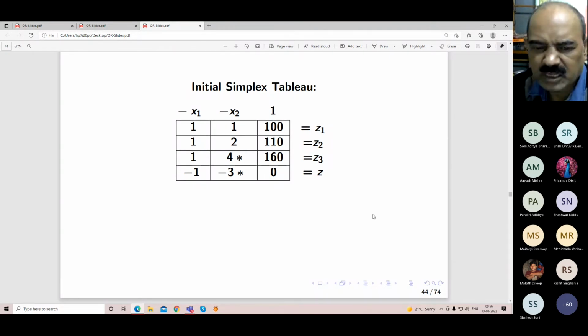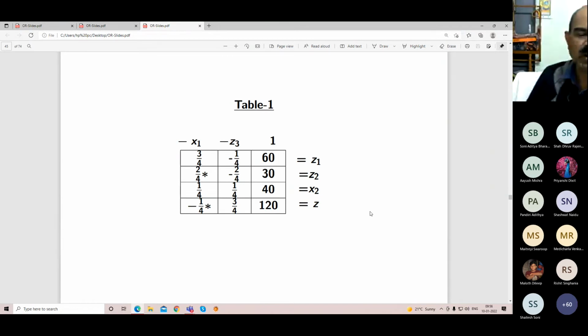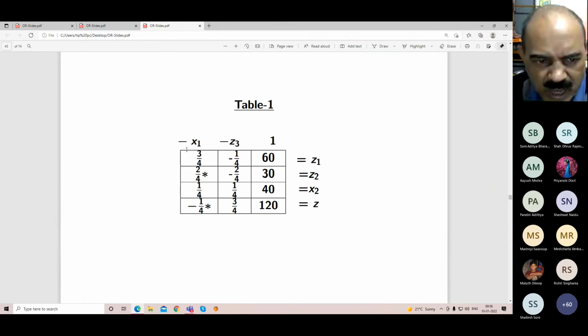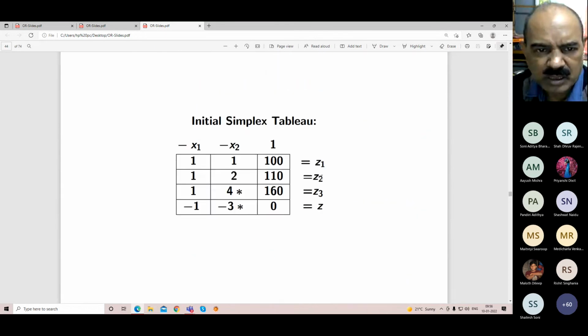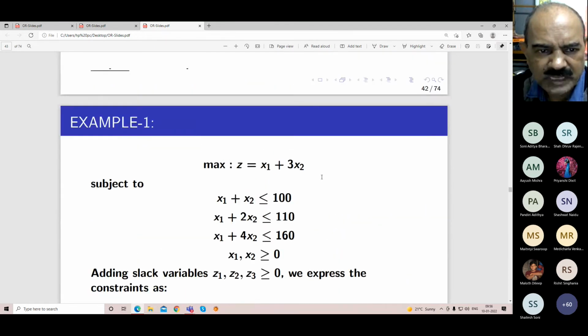Okay, so see here what we are doing. This is the label: minus X1, minus Z3, 1 remains as it is, Z1, Z2, X2, Z. The labeling is over. Now, once labeling is over, we go to the next step.